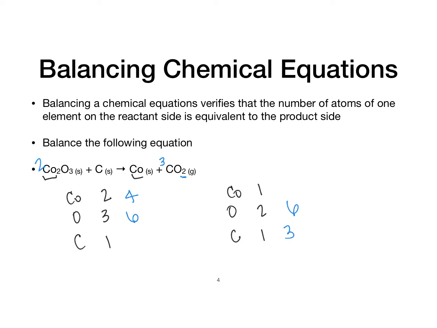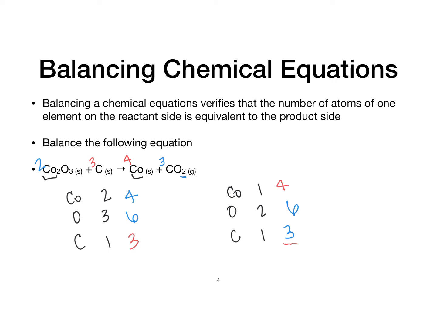Now I'm going to pick a different color to go back and adjust. In order to balance the cobalt from the 4 on the left to the 1 on the right, we're going to put a 4 here, which gives us 4. And we see that there are 3 carbons on the right, so we are going to put a 3 in front of that, which gives us this.